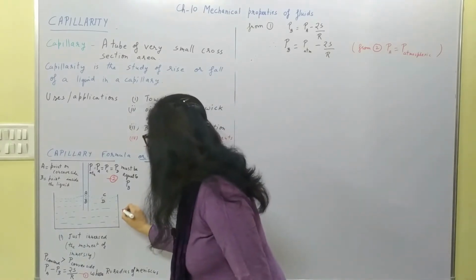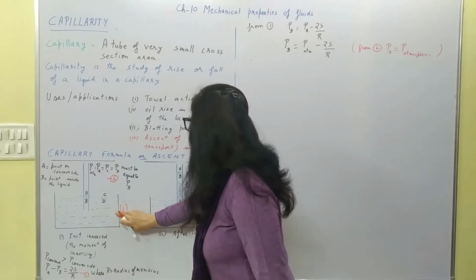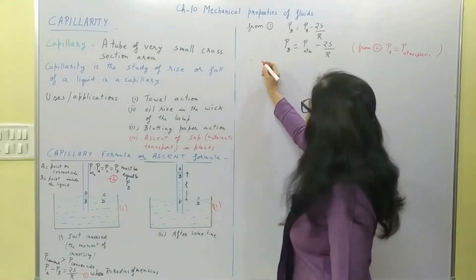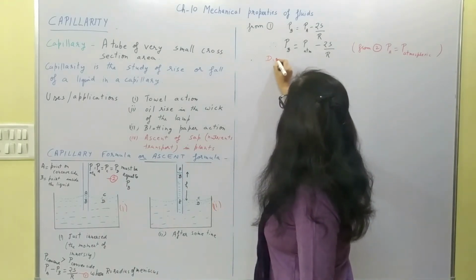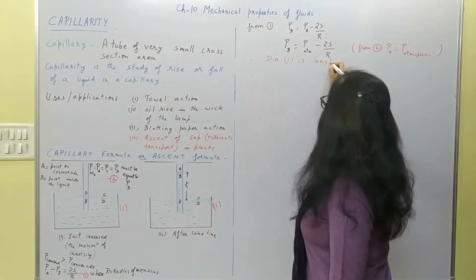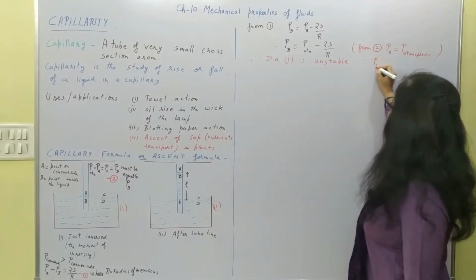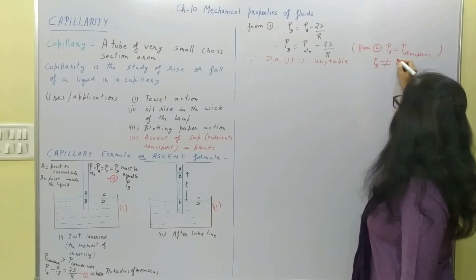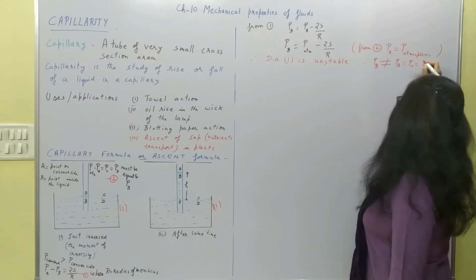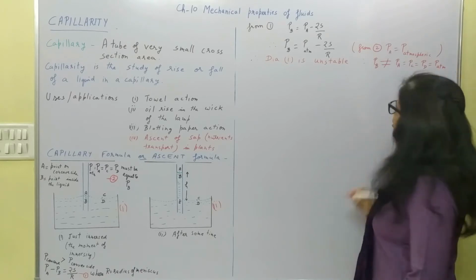If I mark this as diagram 1 and this as diagram 2, we can say that diagram 1 is unstable since pressure at B is not equal to pressure at A is equal to pressure at C is equal to pressure at D is equal to atmospheric pressure.